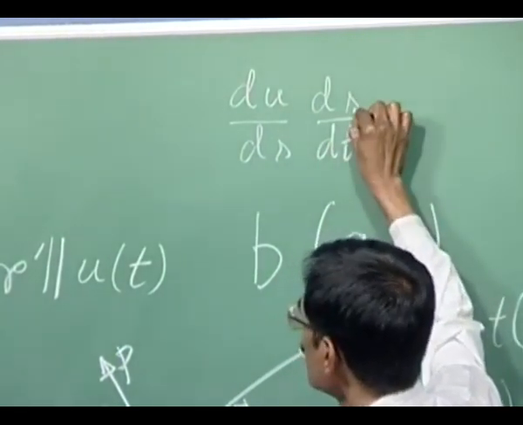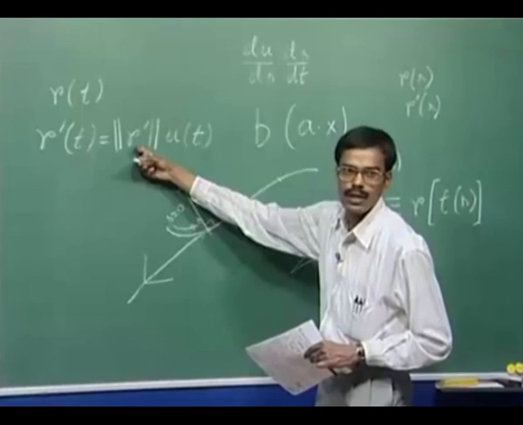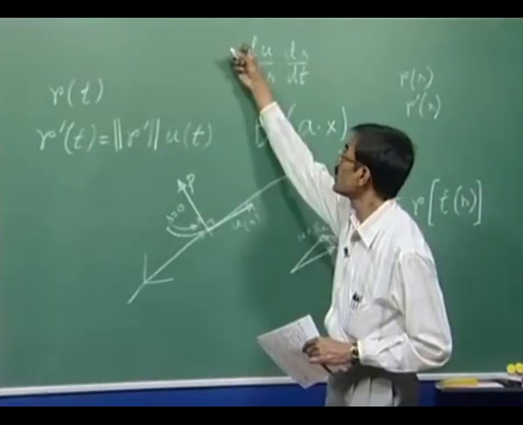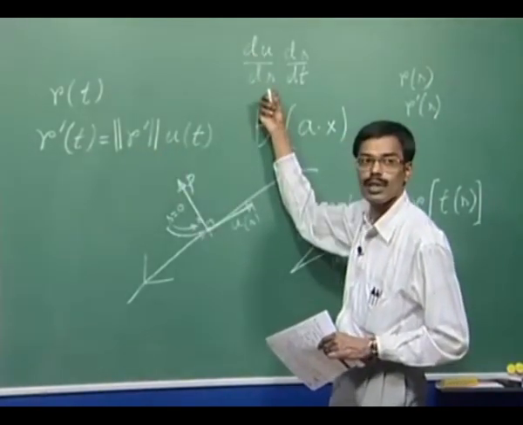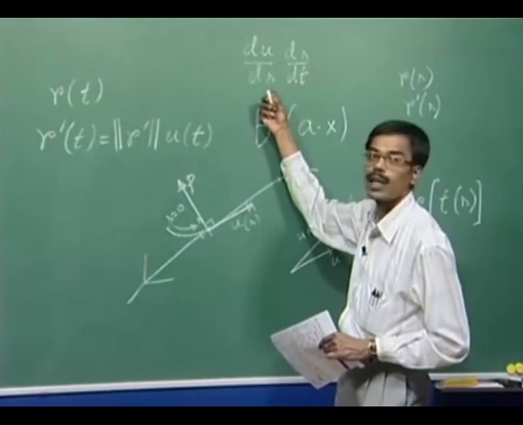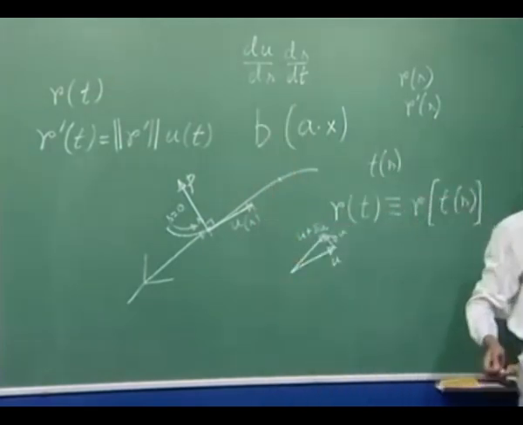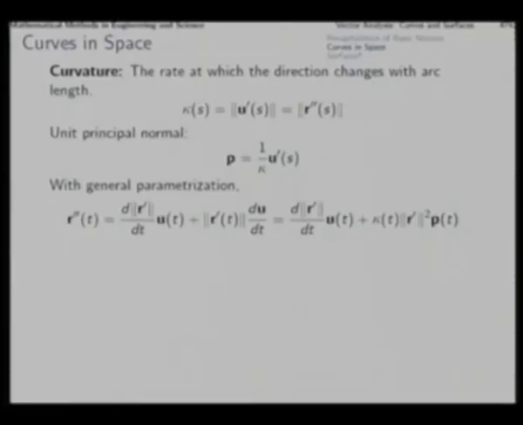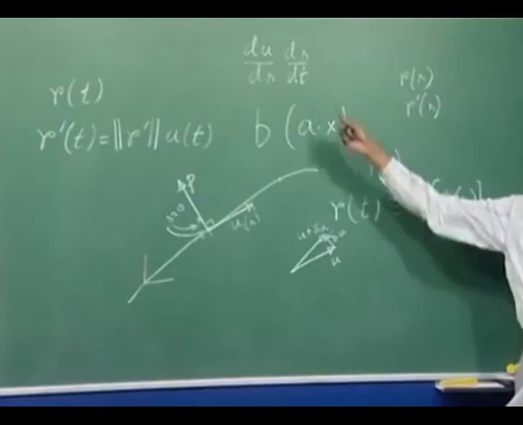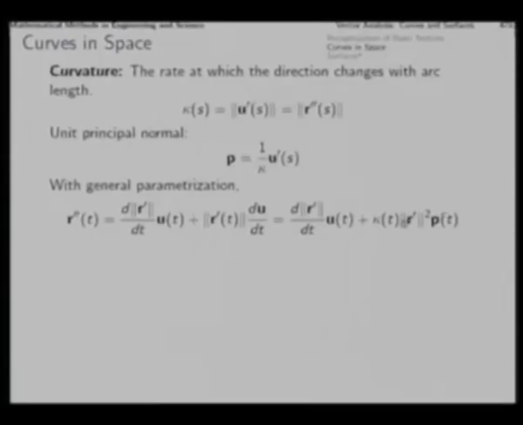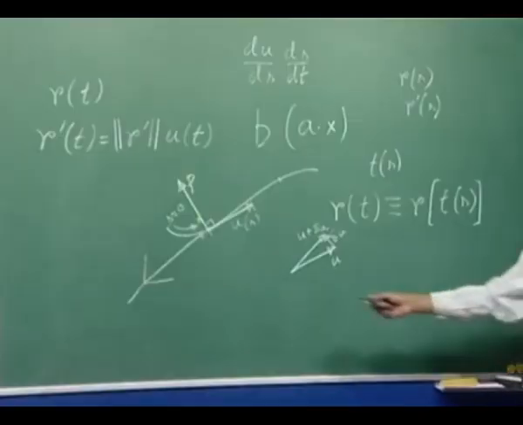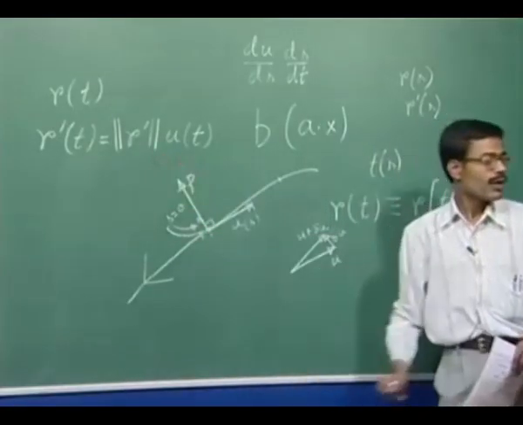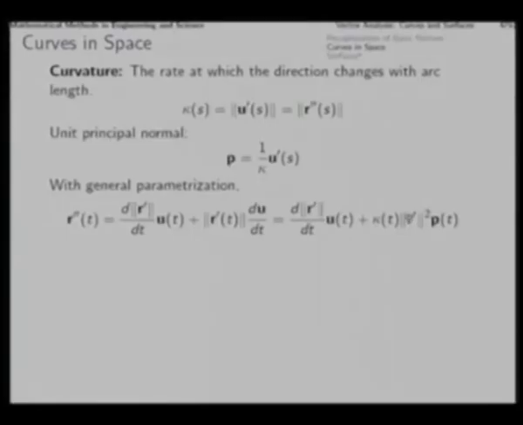Now, ds by dt is again this r prime norm itself, and du by ds is what we encountered earlier, that is kappa into p. So, when you insert those things, you get this kappa into p, and ds by dt gives you one r prime norm, and another r prime norm is already sitting here. So, in the second term you get this, and the first term has remained unchanged.